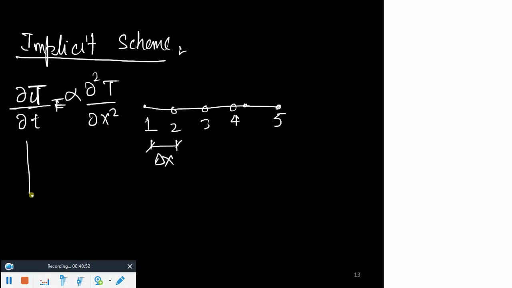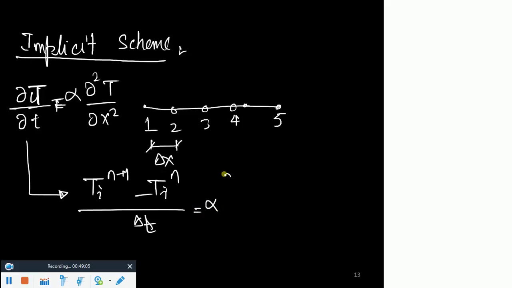Okay, now what would the implicit scheme look like? This is T_i^(n+1) minus T_i^n over delta t, and then on the right hand side, previously I took all the values at nth time level, the previous one. Now I am taking all the values at n plus 1 time level, the same time level.